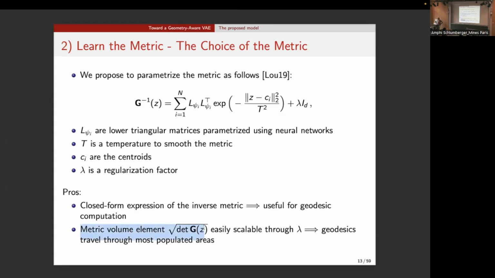You can define a metric volume element just with the determinant of G, det G. So it's really easy to sample from this probability distribution that comes from this element of volume, right? So basically, if the metric is high, then you know that the probability is low because you have mountains, and if you go really straight up on the mountains, you know that the probability distribution will drop down. So it's really the inverse, right? And you can define the probability distribution thanks to this local metric.